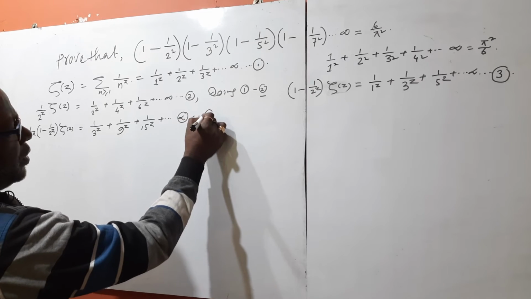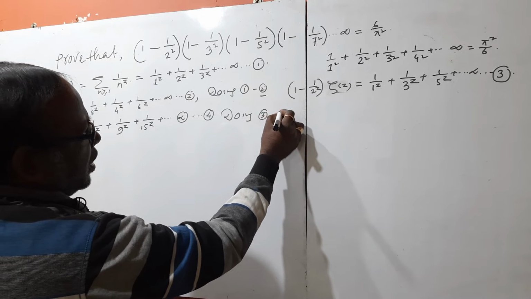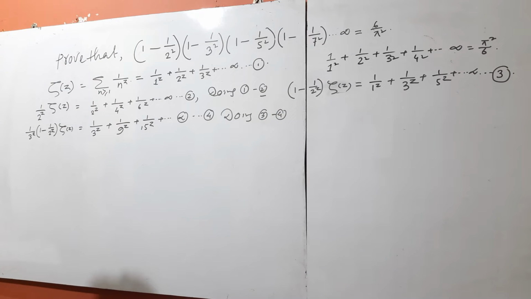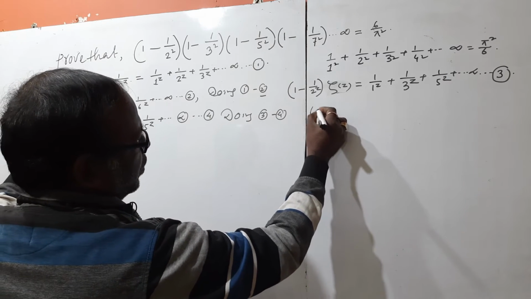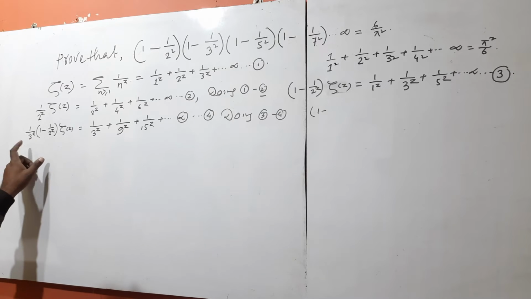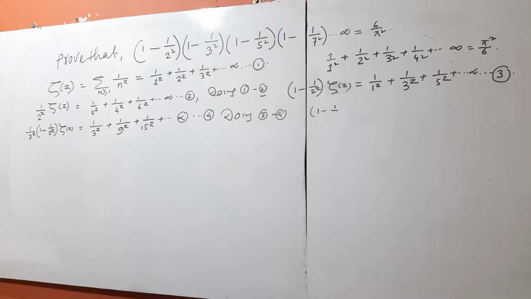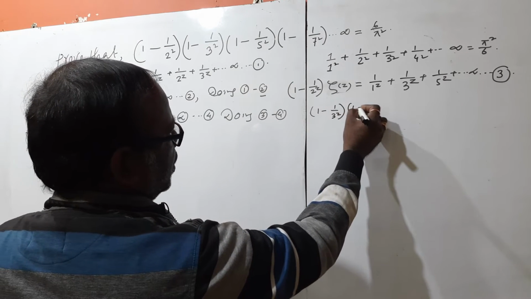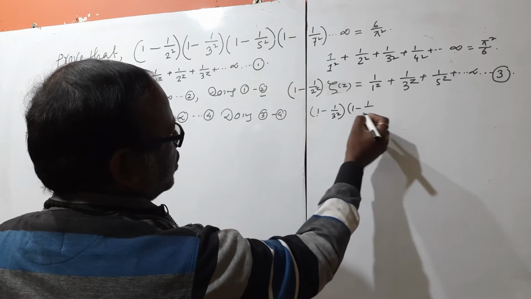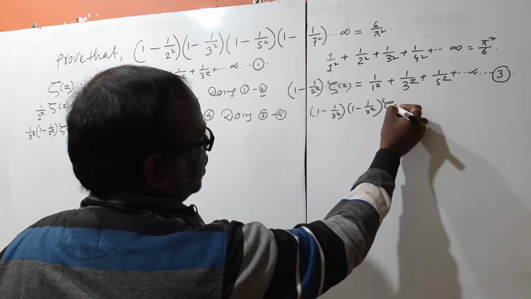And this is equation 4. Doing 3 minus 4, we take common these two factors, so we get 1 minus 1 over 3 to the power z times 1 minus 1 over 2 to the power z times the Riemann zeta function of z.